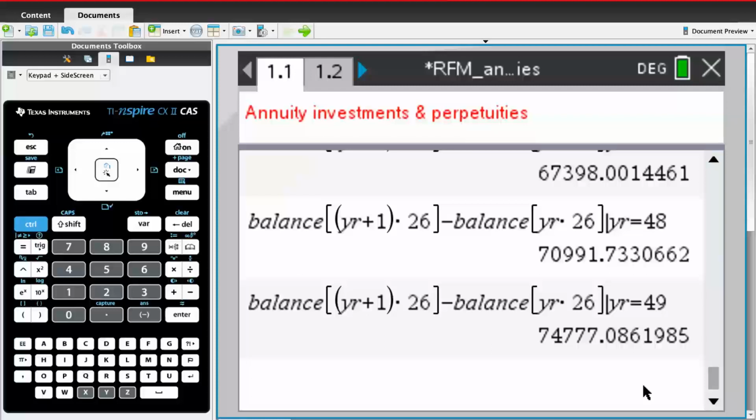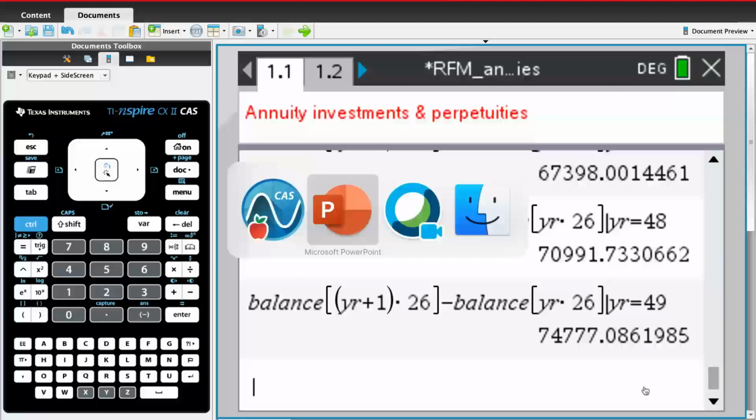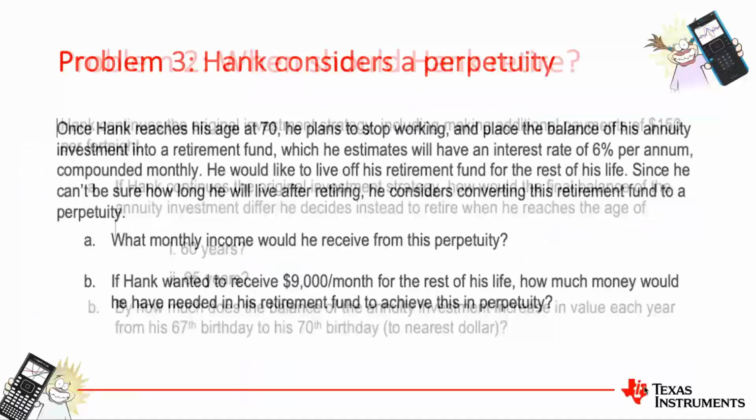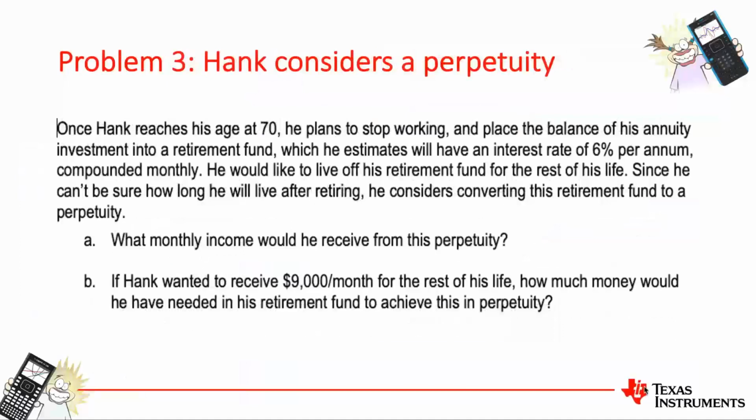So let's switch back to PowerPoint and have a look at problem 3. So Hank's now considering what he will do when he gets to the age of 70 and stops working, and decides that he transfers the balance of this annuity investment into a retirement fund, which he's going to manage.